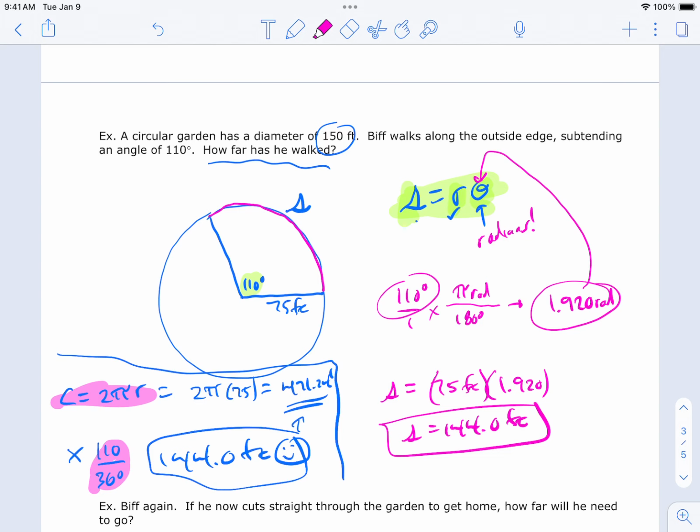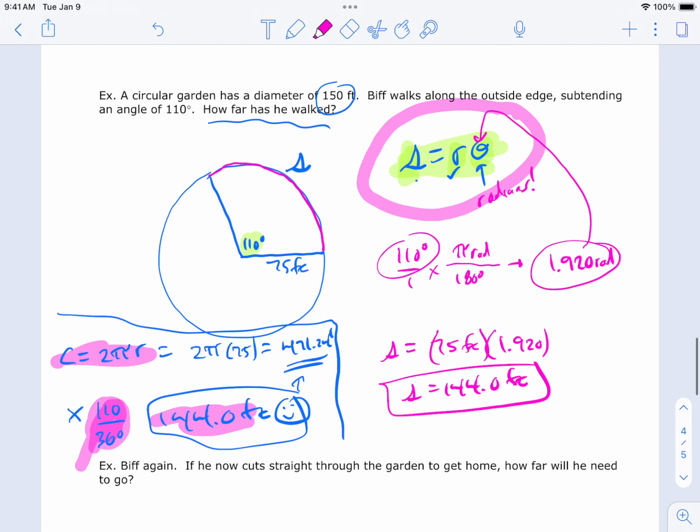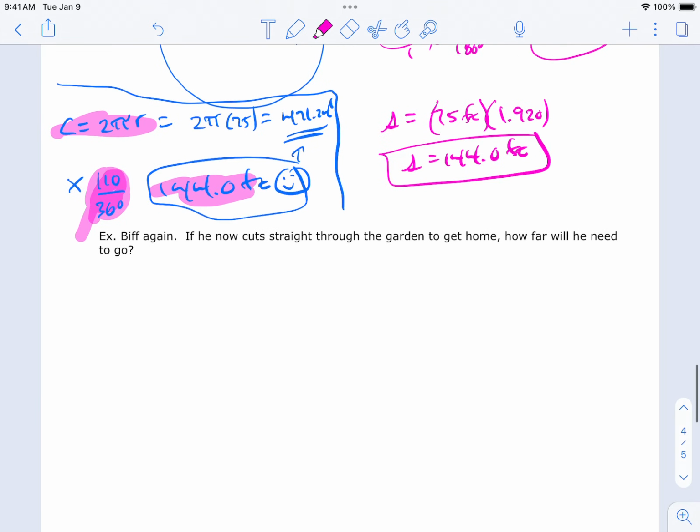If you walked 1/4 of the way, you'd say 90 degrees out of 360, which is a fourth. We walked a little more than a fourth. We walked 110 out of 360 degrees. And so you just multiply the circumference times that fraction, you get the same answer either way. So I just kind of wanted to point that out, I guess. But again, you'll see this formula, so you might as well see it here first.